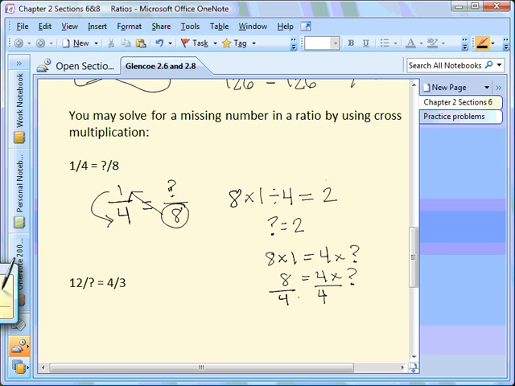But when you divide on one side of the equal sign, you have to divide on the other side of the equal sign. So 8 divided by 4 is 2. These 4's cancel out. So we end up with 2 is equal to the question mark. That's the mathematical way of doing this problem. It's always good to know the official mathematical way.